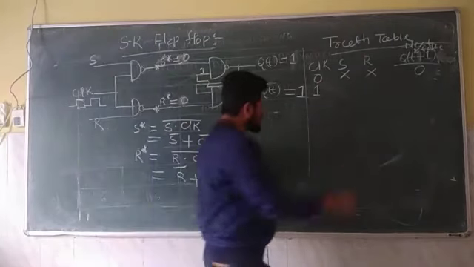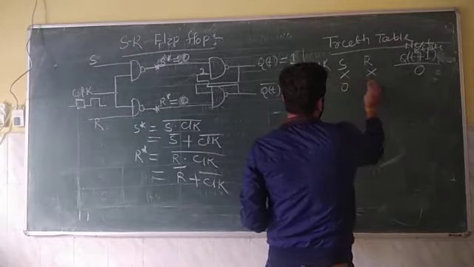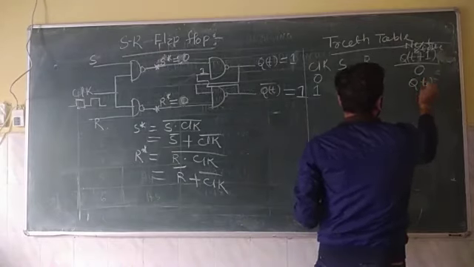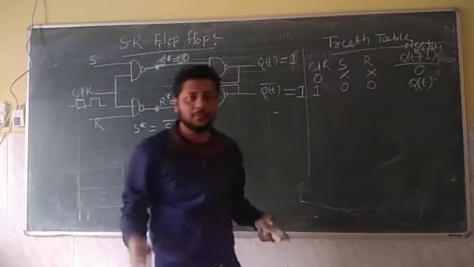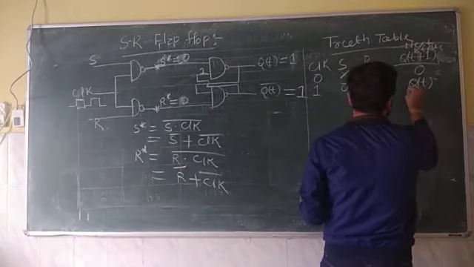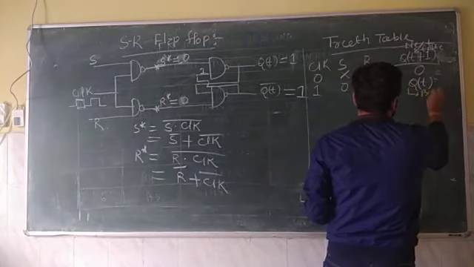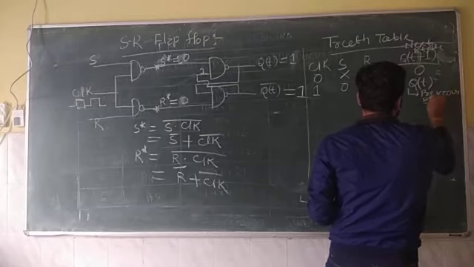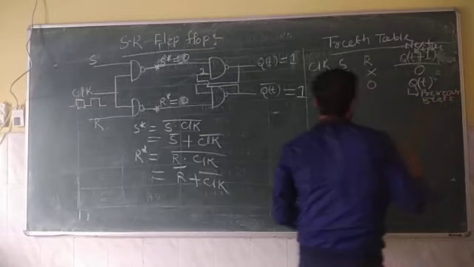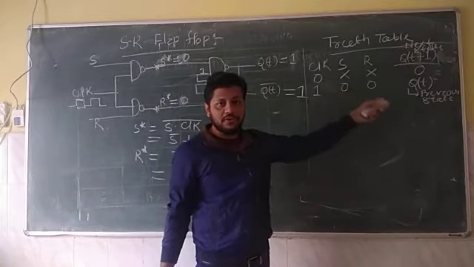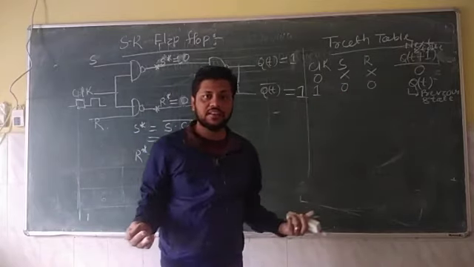So how is this going to respond? When S is equal to 0, R is equal to 0, this Qt plus 1 becomes Qt. Qt means previous state. So I am writing, this is your previous state. That means for S is equal to 0, R is equal to 0, your flip flop acts like a memory.